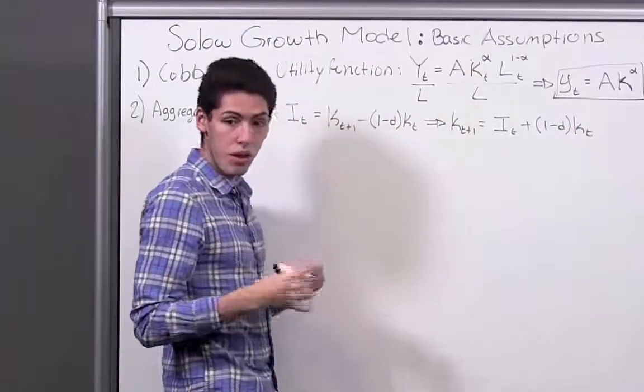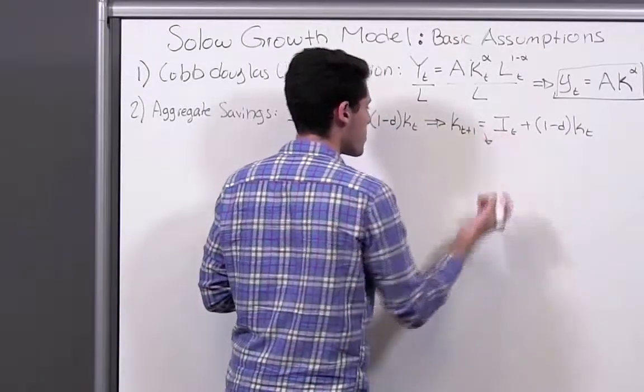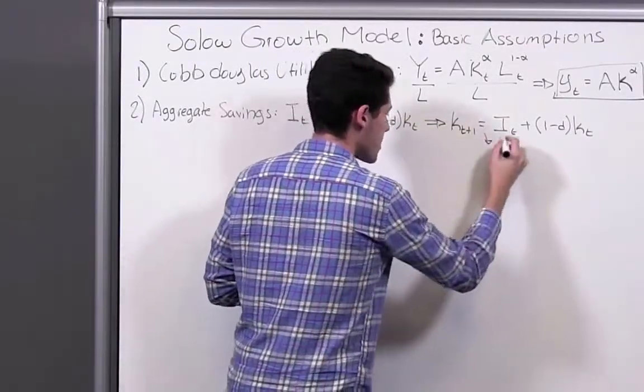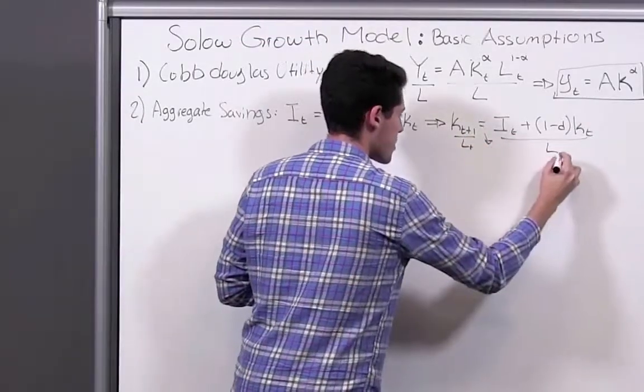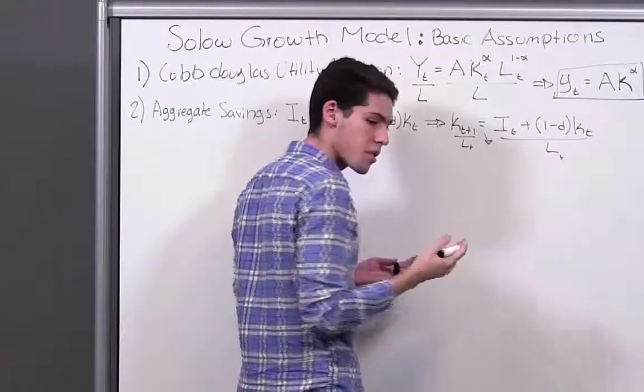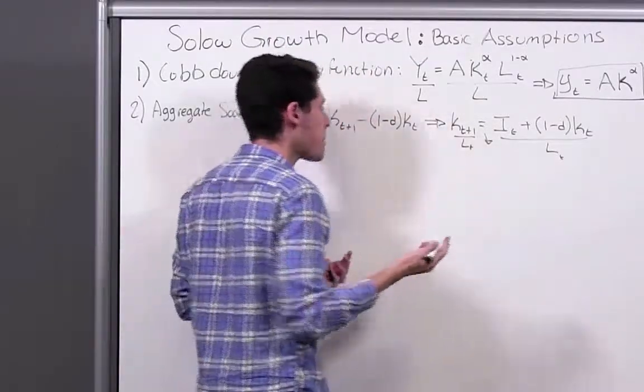We then turn this into a per capita function, like we do for all of our functions. And so we can rewrite this as, divide both sides by L. Now this particular equation is going to require a little bit more mathematical manipulation, right?